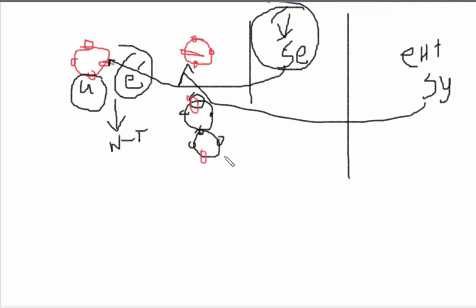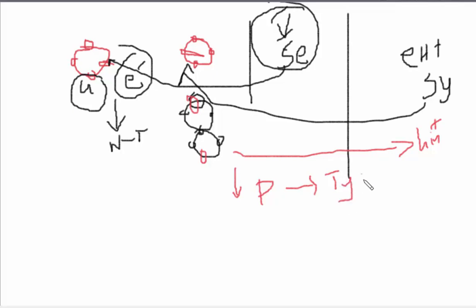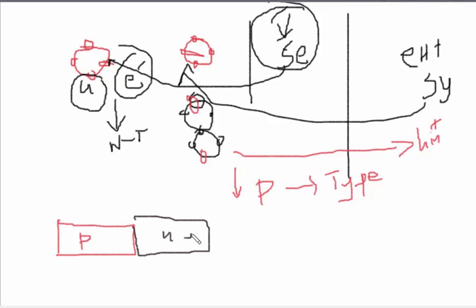So I will get H plus in greater number, and that makes a P type material. So now what we did, we got the P type material and N type material, and we bonded them together.